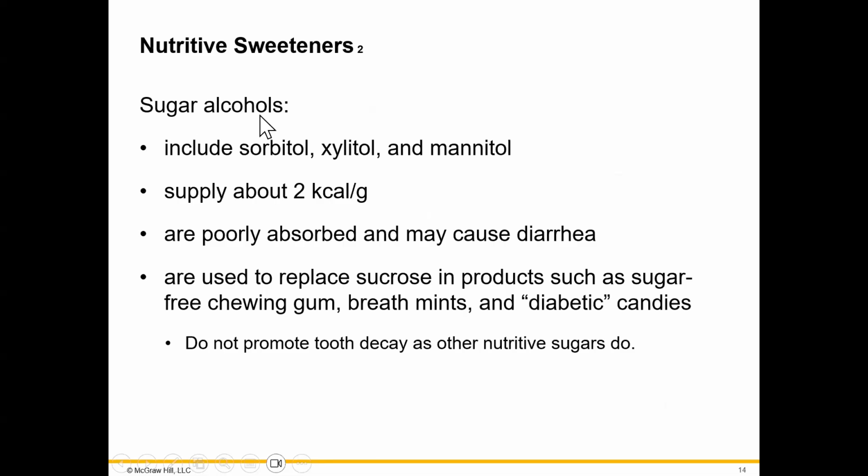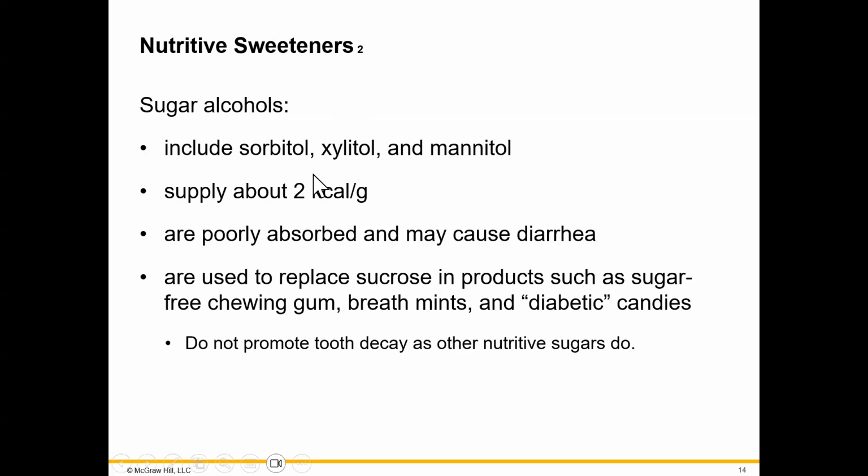There's also another category of nutritive sweeteners. Remember, nutritive meaning it has energy, meaning it has calories. But these are what we call sugar alcohols, meaning they are poorly absorbed in the gut. Only about half of the sweetener can be absorbed because it's very difficult for your gut to absorb these sugar alcohols.